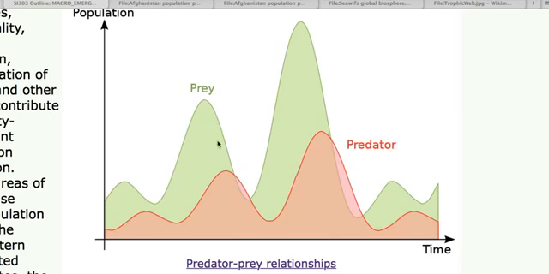So these graphs oscillate not because the prey are being eaten by the predators. The oscillations are ultimately being caused by weather patterns affecting the producers. But the reason the predators are always lower than the prey is because the predators lose most of the energy of the prey as they consume them.